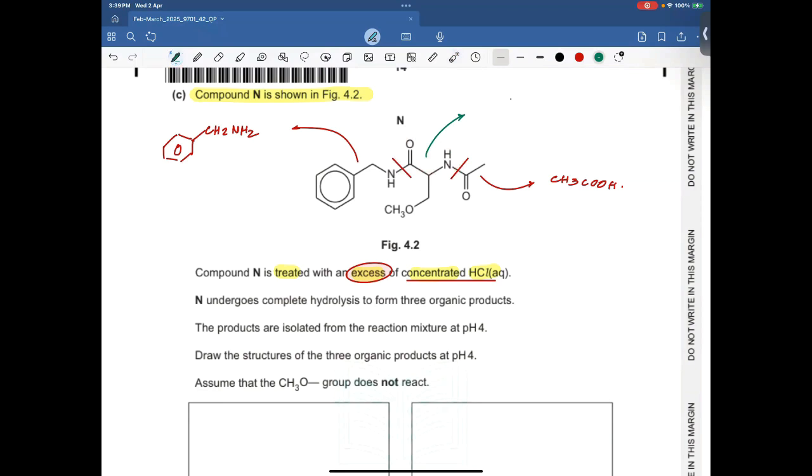So obviously this CO will turn to COOH, NH is getting hydrogen of water, will turn to NH2. This is CH2 and this is OCH3. Okay, so these are the three different products when we treat it with concentrated hydrochloric acid in excess condition.